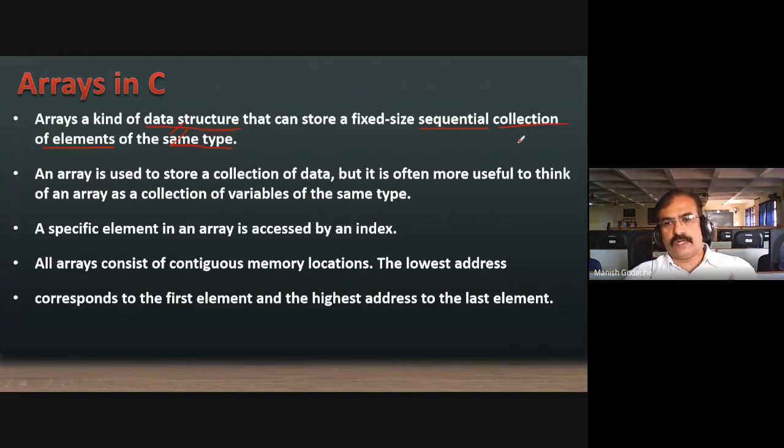As we declare a variable, some piece of memory is reserved for that particular variable. If you are defining two variables, there will be two separate locations allotted for those two variables.